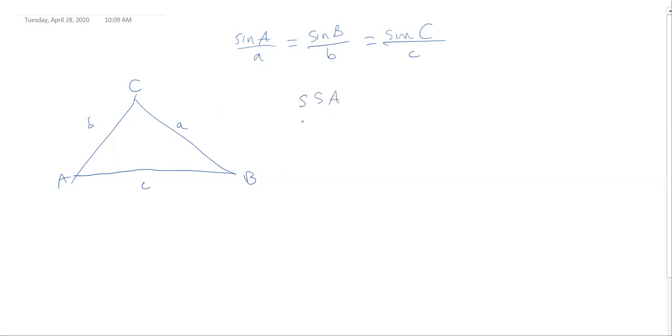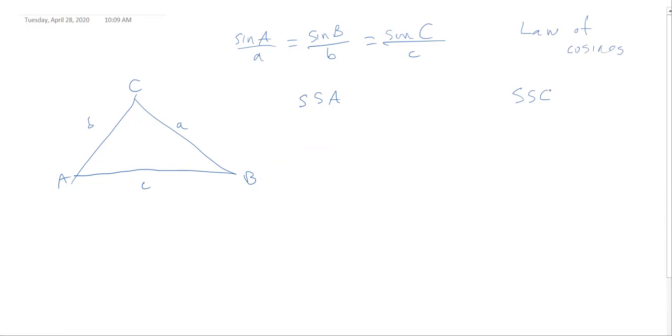SSA case, and we have the, what was the other one? There's 2 cases I outlined. I know one that I kept seeing was side. Yeah, SSS. That's when we use the law of cosines for that one.